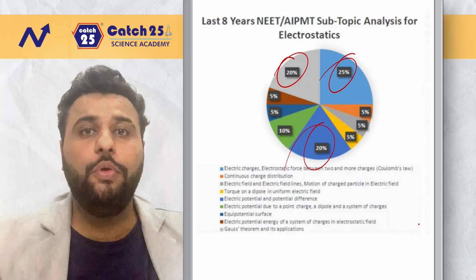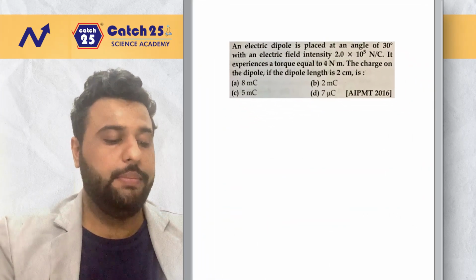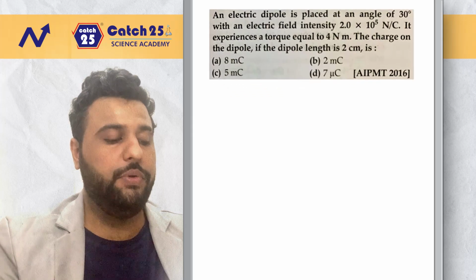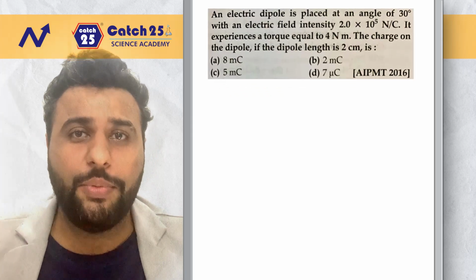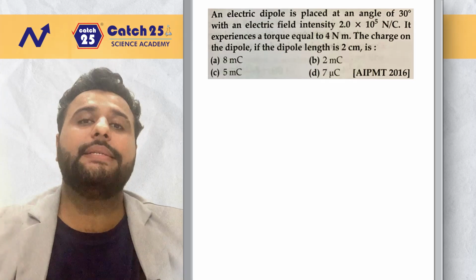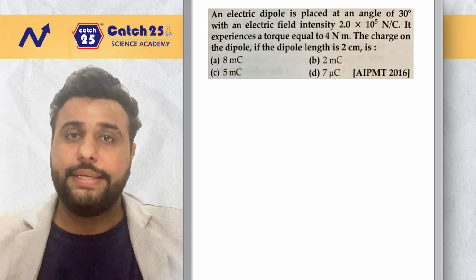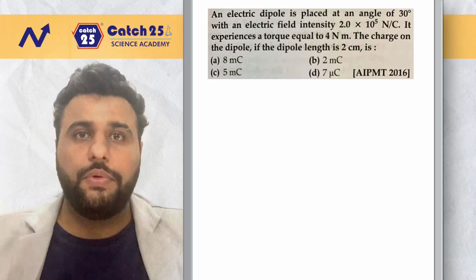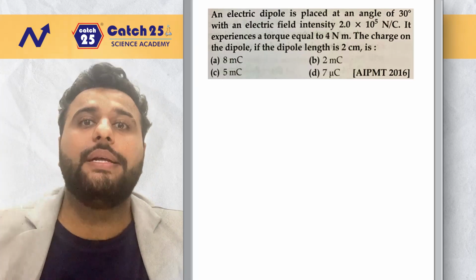Okay, so if you can see the first kind of question on your screen, let me minimize it. Yes, if you can see the question, it is about electric dipole. Now the first thing that should come to your mind when you look at the word electric dipole, this is electrostatics, we know that because we are in the chapter. But in the exam, you don't know which chapter it is from. When you read a question, your first priority should be which chapter does it belong to.